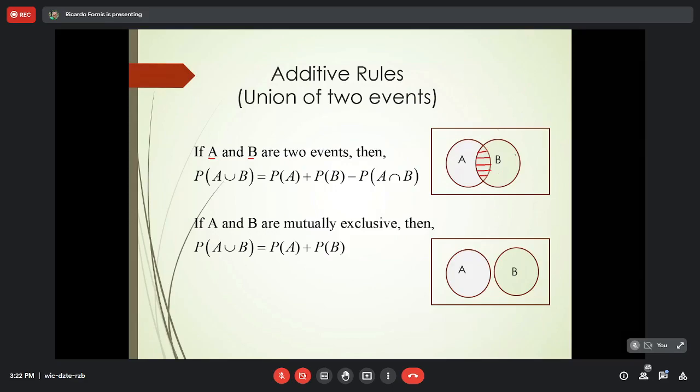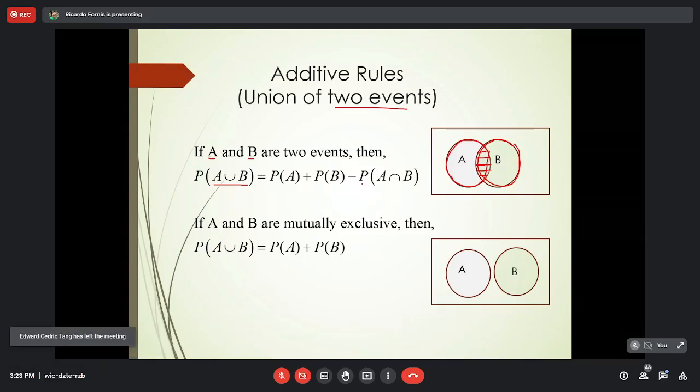If you are interested in the probability of A union B, because we are talking here of the union of two events, the probability A union B means the probability of A, this event, what is its probability, plus the probability B. And if you notice, you are now double counting the intersection of the two events.